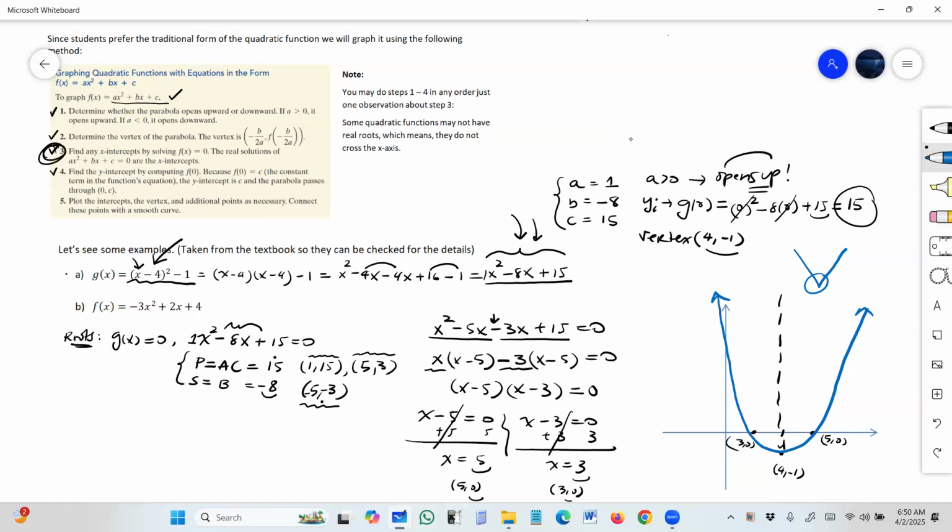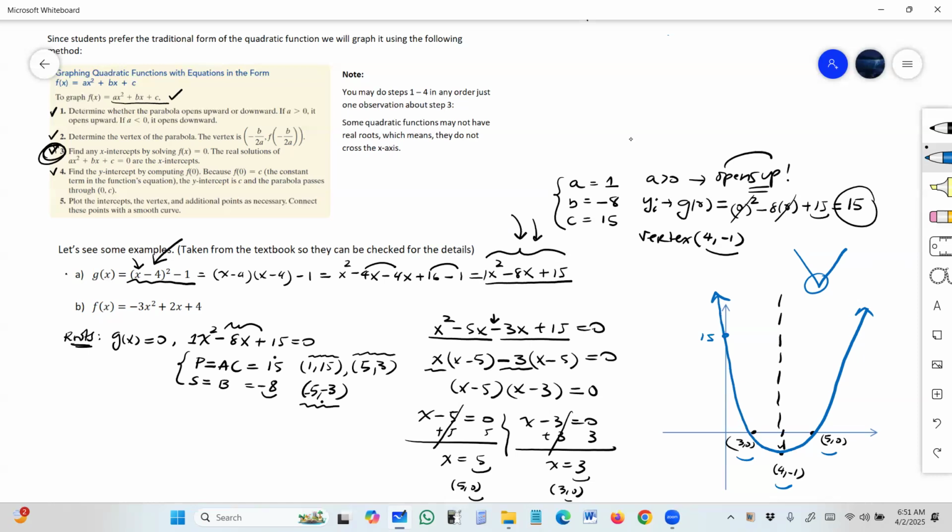So normally what we do is trace the curve first, which is a little bit smoother, and then position the points after. I'm going to show you exactly what I mean with the next function. But this is it: we have the vertex, we have the two roots, and we have the y-intercept.